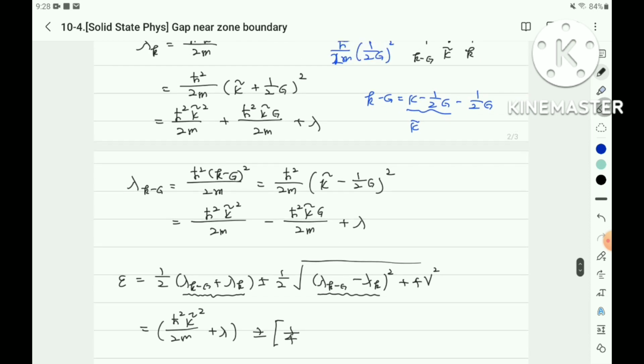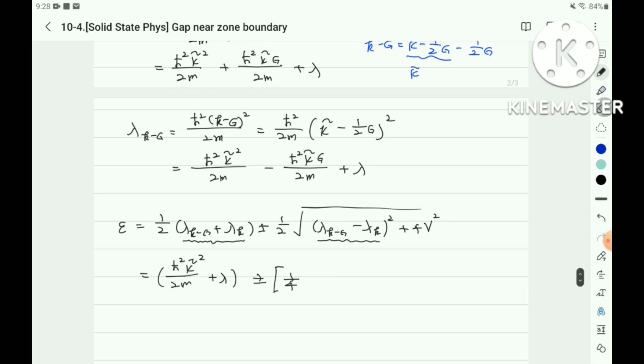Anyway, the first and final plus terms cancel with each other, and only two times this second term remains. Therefore, it is h bar square k tilde g over m, squared plus v square, to the one half.